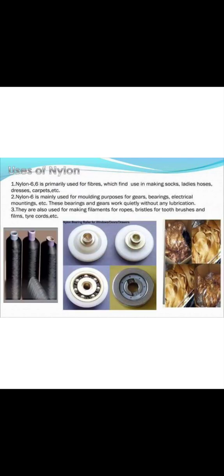So let us have some of the important applications or uses of nylons. Nylon 6,6 is primarily used for fibers, which find use in making socks, ladies' hose, dresses, carpets, etc. Nylon 6 is mainly used for molding purposes, for gears, bearings, and electrical mountings, and these bearings and gears work quietly without any lubrication.